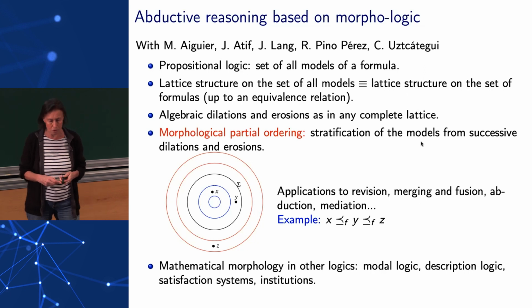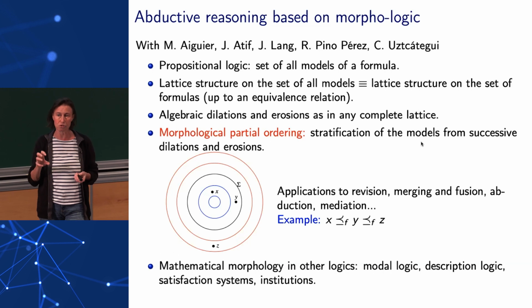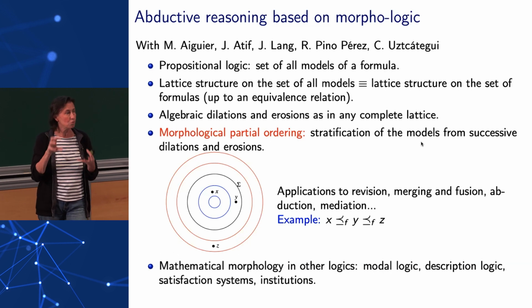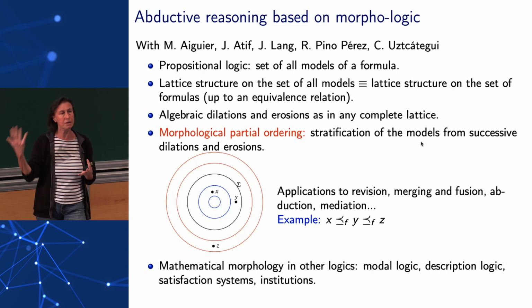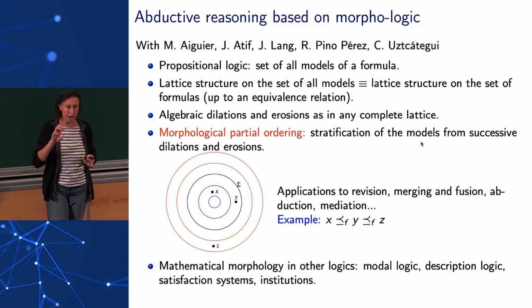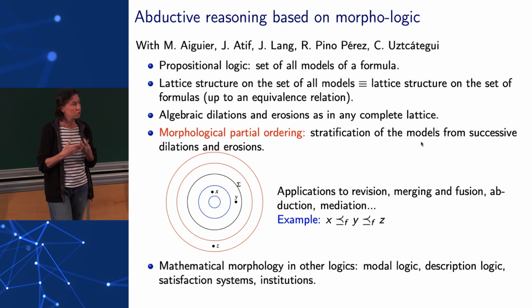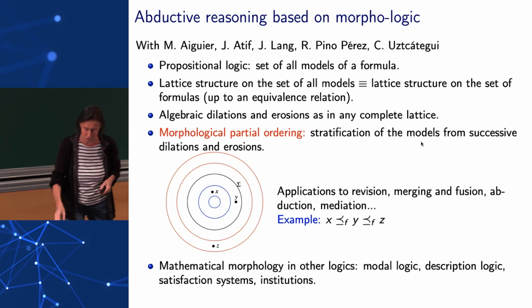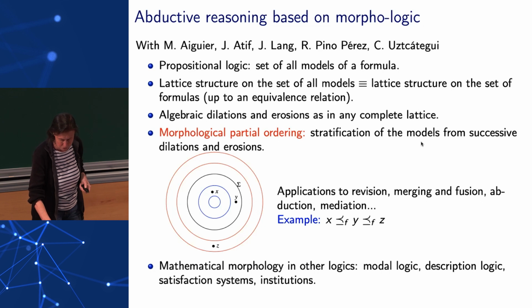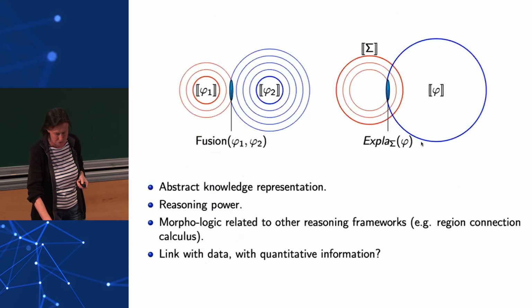For instance, for abductive reasoning, we are going to find the models of a formula that are the most central in the formula using successive erosions, but still being consistent with the observation that we are trying to explain. This amounts to adding formulas to the theory, which will be the explanation, and that makes the theory consistent with the observation while being more central, which also means more robustness.